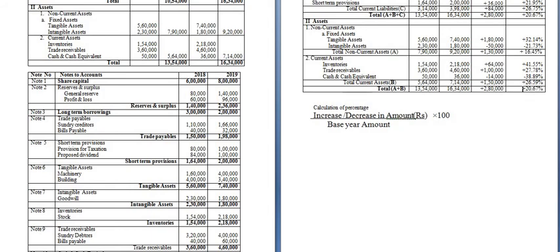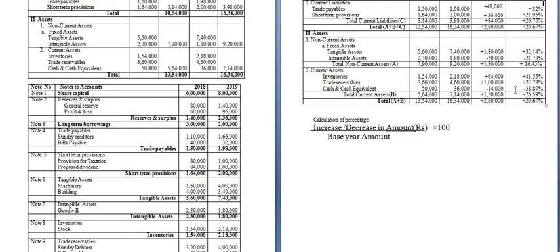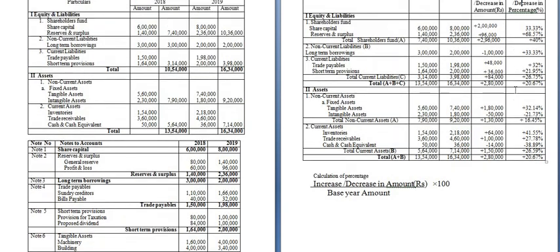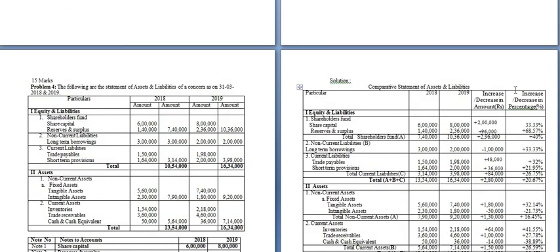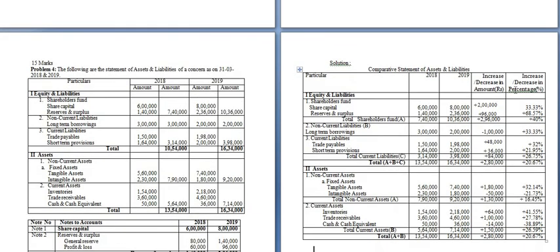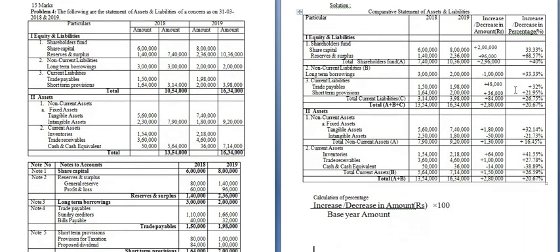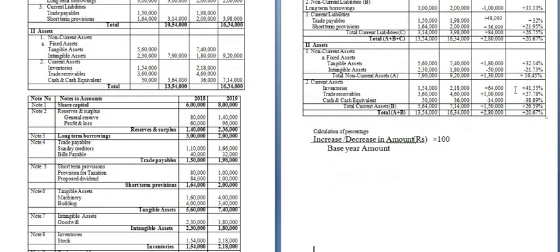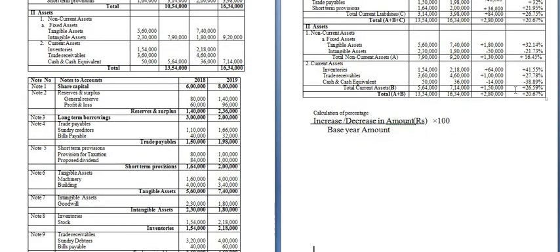So this is the comparative balance sheet. Here you can read the last sentence of the problem. With the help of this balance sheet, we have to prepare what? This comparative balance sheet, which we have already prepared.